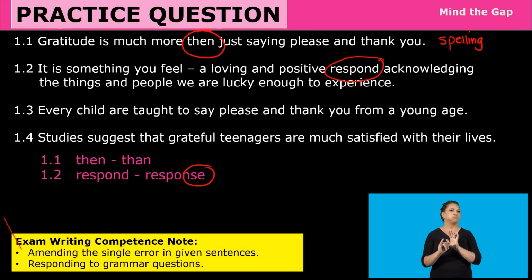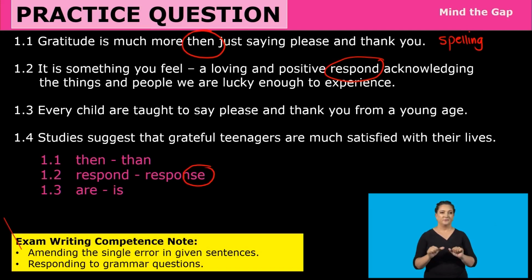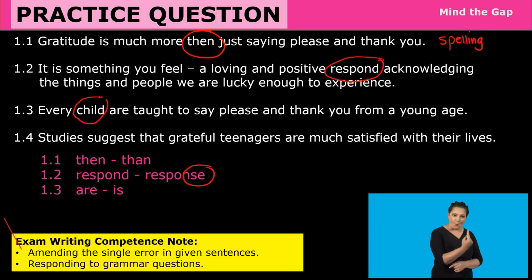Again, we've identified that the tense was wrong there for that sentence, all right? In my next sentence 1.3, every child are taught, all right, to say please and thank you. Now remember, this is a singular child, and remember, are is for plural. So in this case, the child are should be the child is, all right?